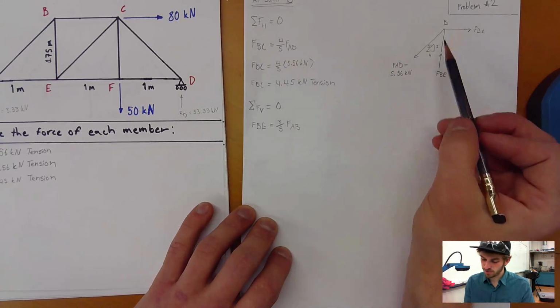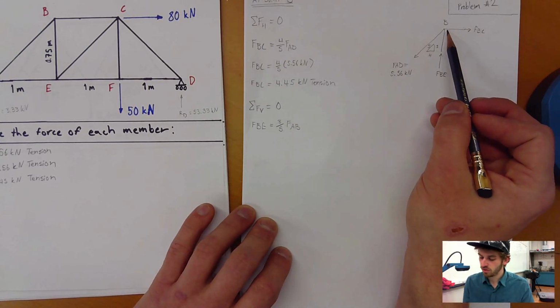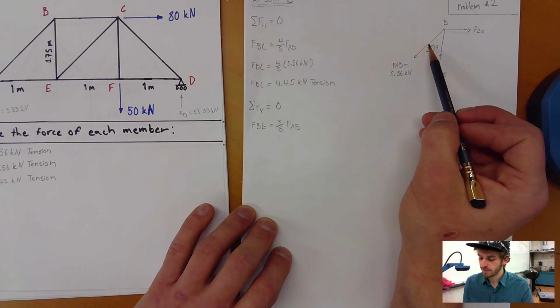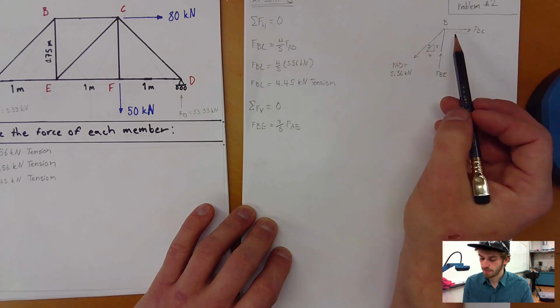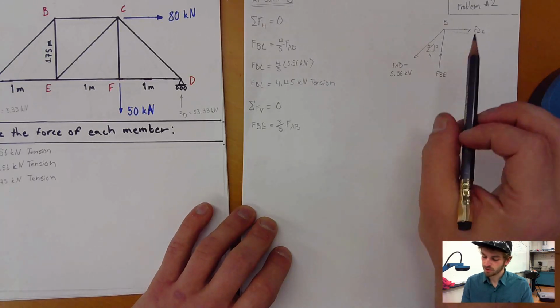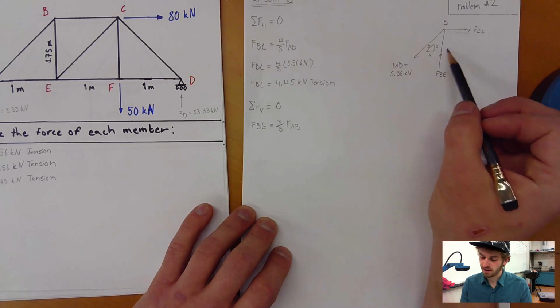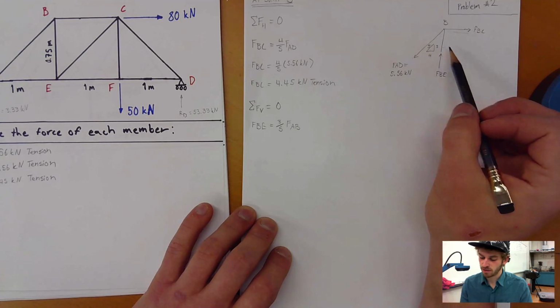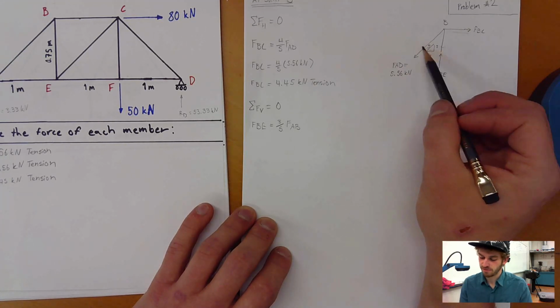Well, the same way, because we were calculating this one before, and it was 4/5, was that opposite over hypotenuse? This time, calculating FBE, we have adjacent over hypotenuse. That's 3/5.